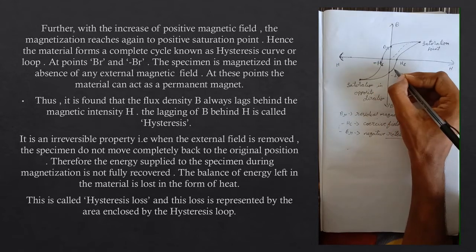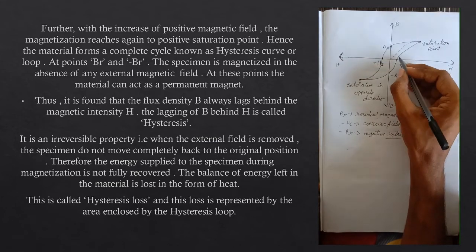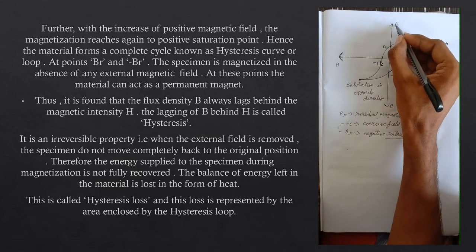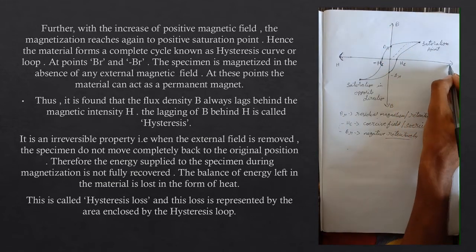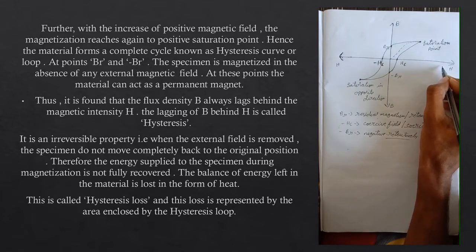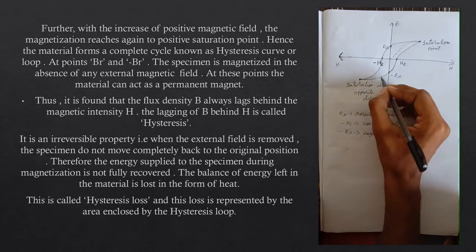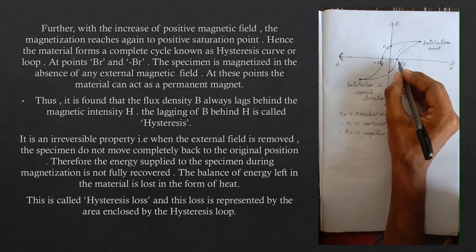Thus we find that the magnetic flux density B always lags behind the magnetic field intensity H. This lagging of B behind H creates the hysteresis.